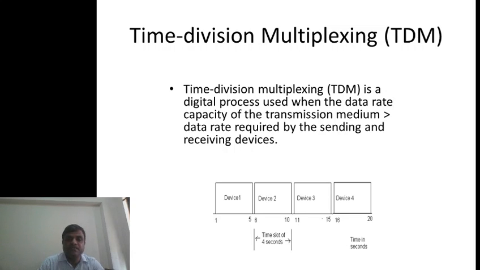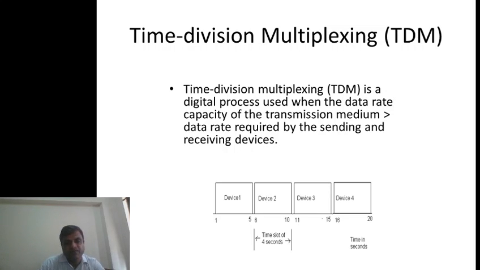If the capacity of a transmission medium is greater than the data required by sending and receiving devices, then we use time division multiplexing. See here, devices 1, 2, 3, 4, and a time slot of 4 seconds is allocated to each device, and there is a gap between device 1 and device 2 just for synchronization.